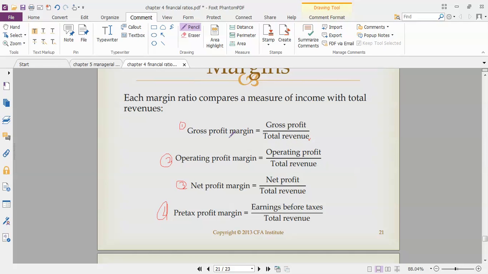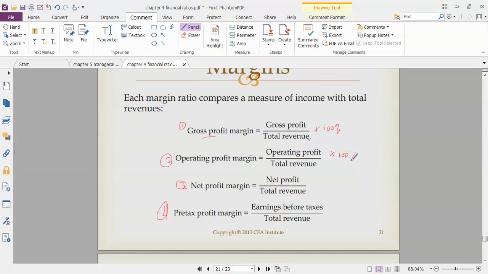The difference is in the first item. The top one is gross profit, if you want to calculate the gross profit margin. But for operating profit margin, we use operating profit divided by total revenue. Actually, for the margin we want to know the percentage, so you must multiply by 100%.